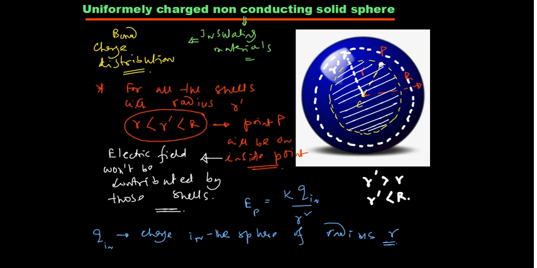Why not? It is uniformly charged. So Q inside will be equal to the total charge, let us say Q, divided by the total volume, that is 4/3 pi capital R cube, into the volume of that small sphere, that is 4/3 pi small r cube. So it becomes Q into small r by capital R, whole cube.